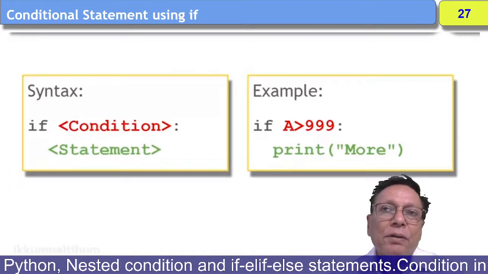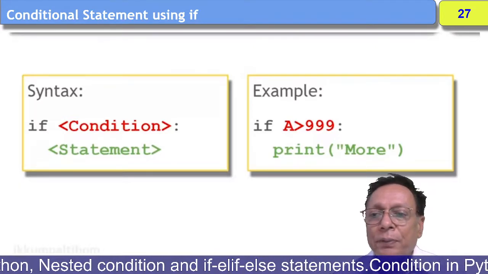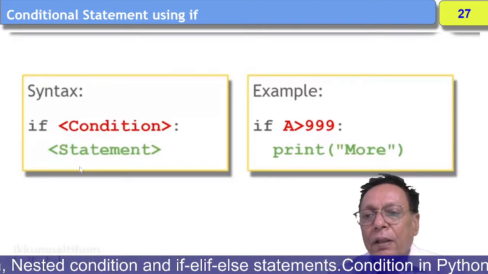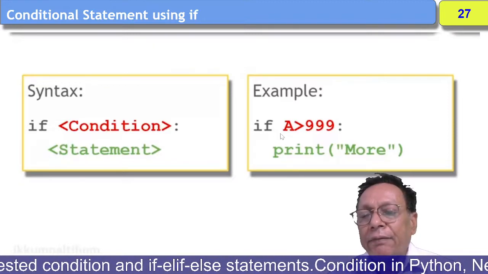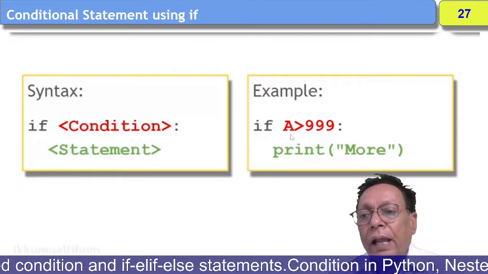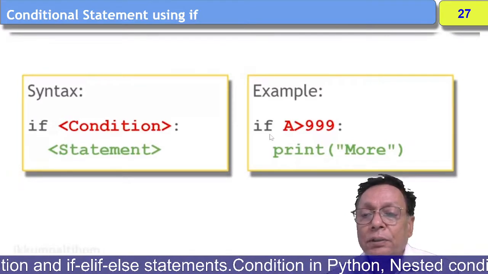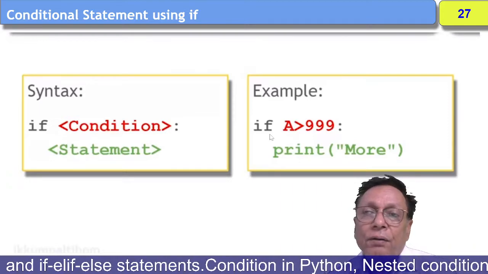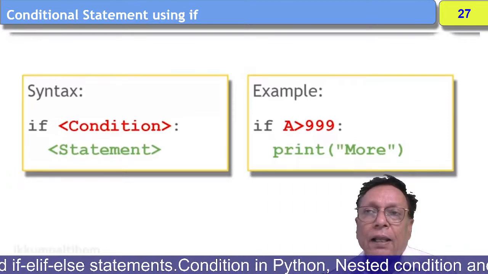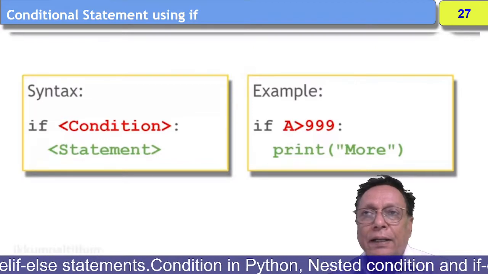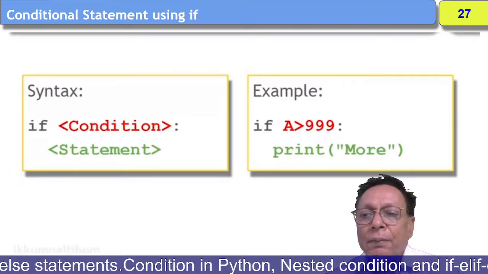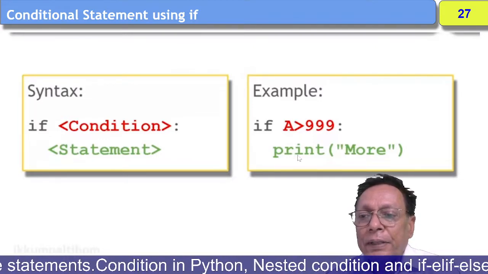All the statements should begin with the same indentation. For example, over here A is an identifier, and this is a condition. The condition is: if the value of A is greater than 999, only then will it print more.